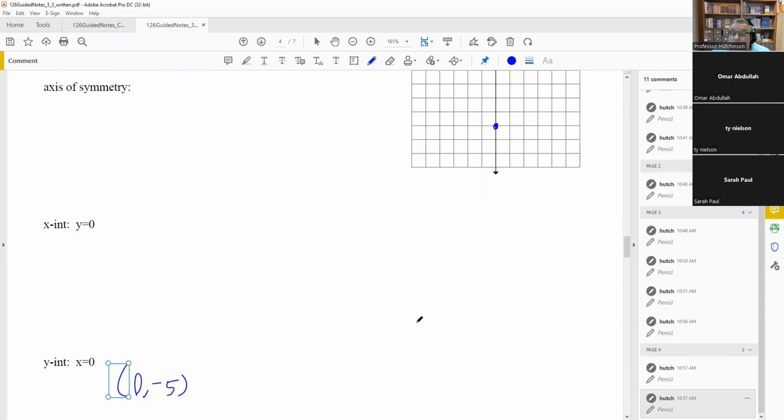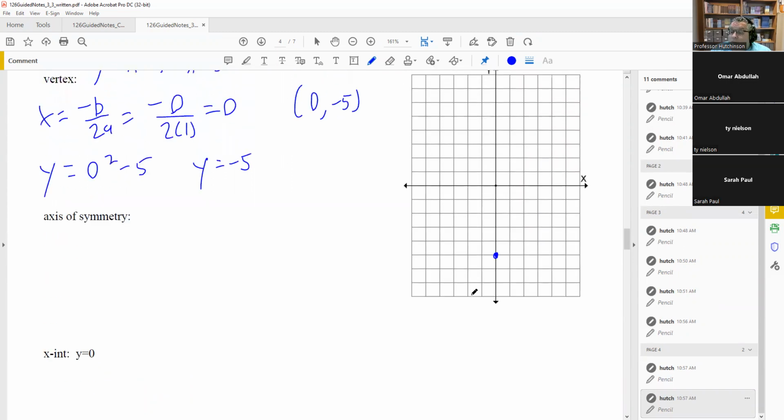We already did that by putting a 0 in. So that's both a y-intercept and a vertex at the same time. Now the axis of symmetry, you're just going to put x equals the x coordinate of the vertex. So I have x equals 0. That's the fold line. In this case, the y-axis is the fold line.